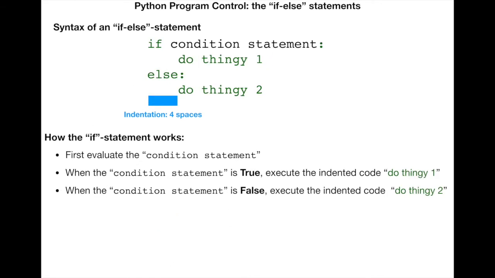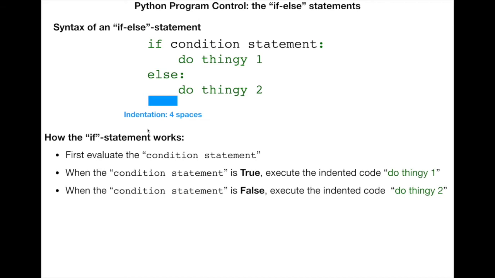Getting more complicated, there's another extension of the if statement called the if-else statement. So the syntax of an if-else statement goes like: if the condition statement is true, do something 1, otherwise do something 2, and pay attention to the indentation and don't forget about the colons here.